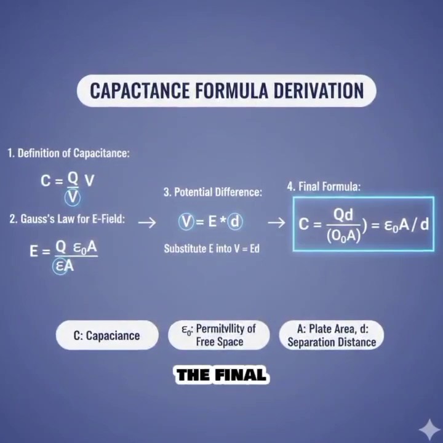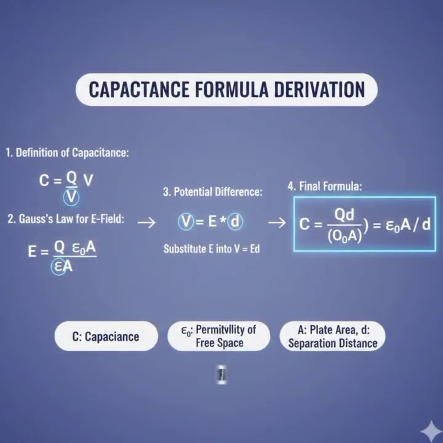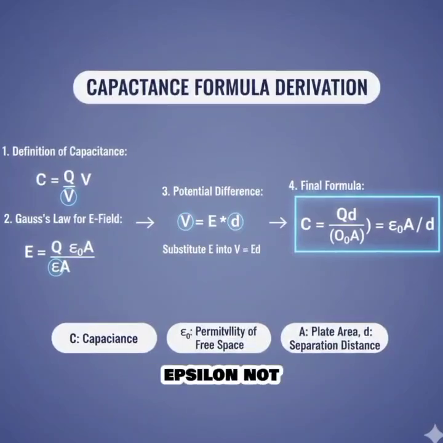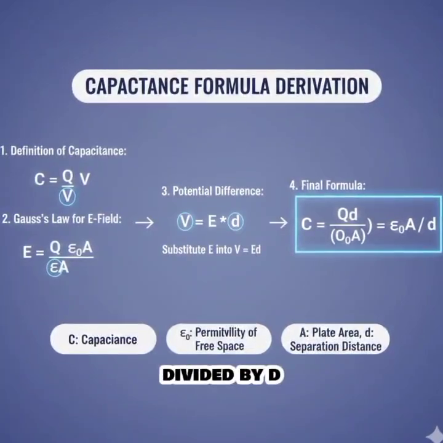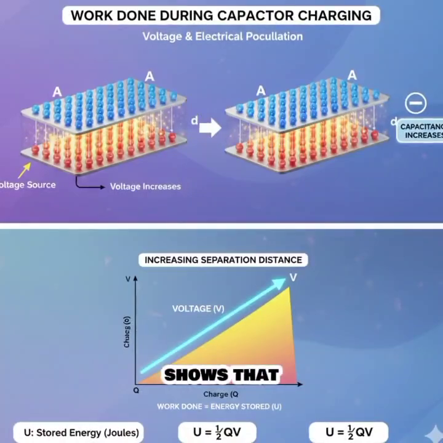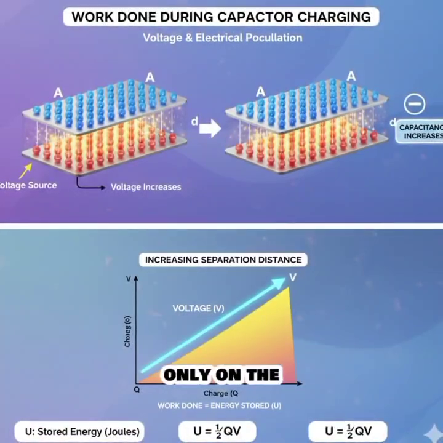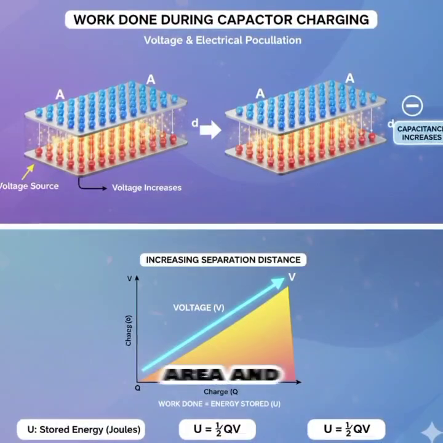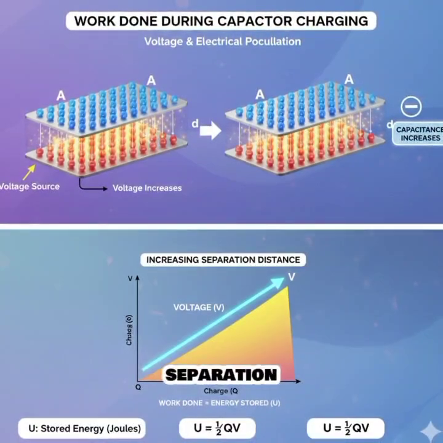This gives the final expression for the capacitance of a parallel plate capacitor, which is equal to epsilon naught times A divided by d. This result shows that capacitance depends only on the geometry of the capacitor, increasing with plate area and decreasing with plate separation.